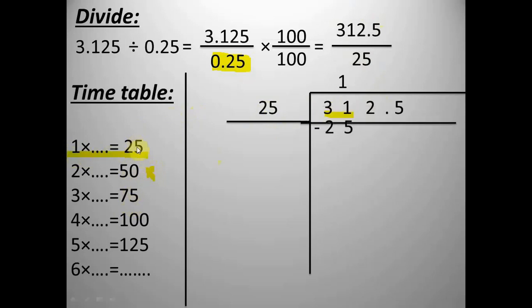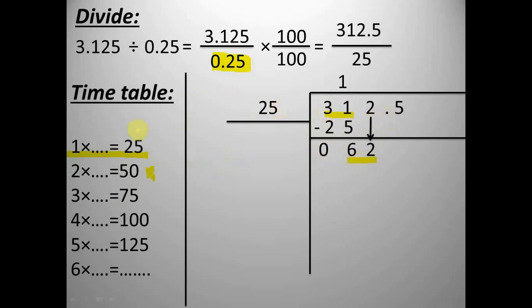Take the previous multiple, 1, write it up, 25 write it under the dividend, and subtract. The remainder is 6. 1 take 5 is impossible, borrow 1, 11 minus 5 is 6, and 2 minus 2 is 0. Then write down 2. The new dividend, 62, is bigger than 25. We can divide it.